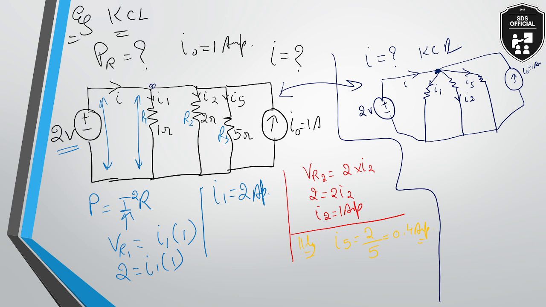Now you have the values of I1, I2 and I5. I1 is 2 ampere, I2 is 1 ampere, I5 is 0.4 ampere, and you have the value of I0. Apply KCL at node Z. The sum of approaching currents, I plus I0, will be equal to I1 plus I2 plus I5.